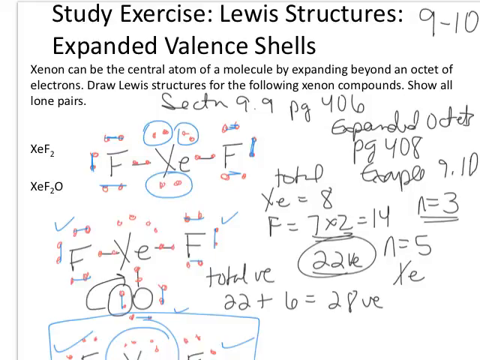You put the electrons around the terminal atoms, and then you put the remaining electrons onto xenon. As you can see, fluorine here has 3 lone pairs and a single bond. It has a happy complete octet, and xenon gets the extra electrons.